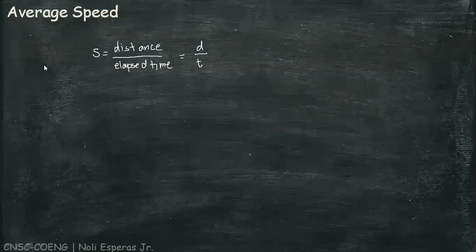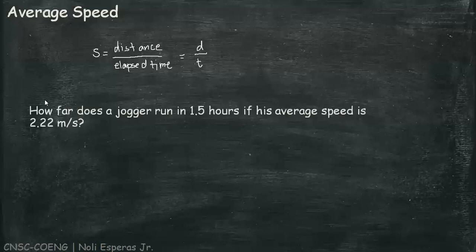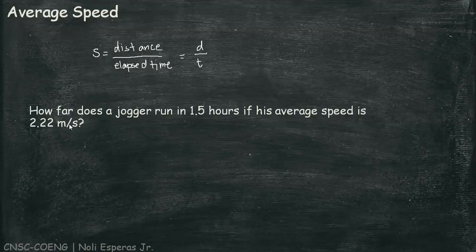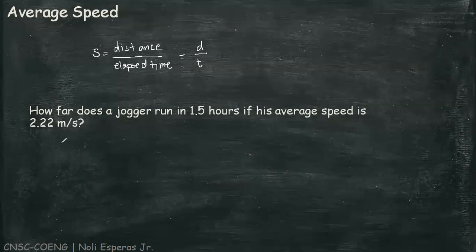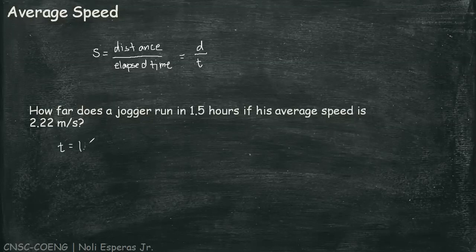So let's consider this example problem. How far does a jogger run in 1.5 hours if his average speed is 2.22 meters per second? So let's state the given: time, which is 1.5 hours, and average speed of 2.22 meters per second.